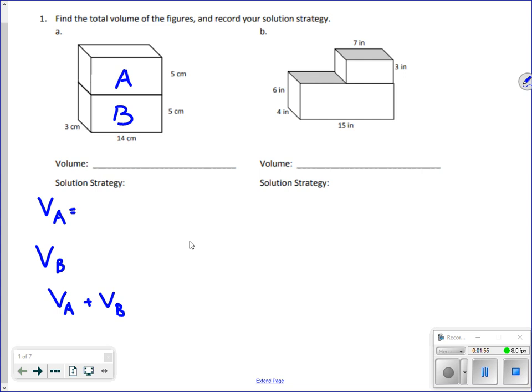So, I'm going to start with shape B just because it has more numbers and I can easily see what sides are there. Now, as I've said a million times before, your length and your width, you decide what you want to make your length and your width.